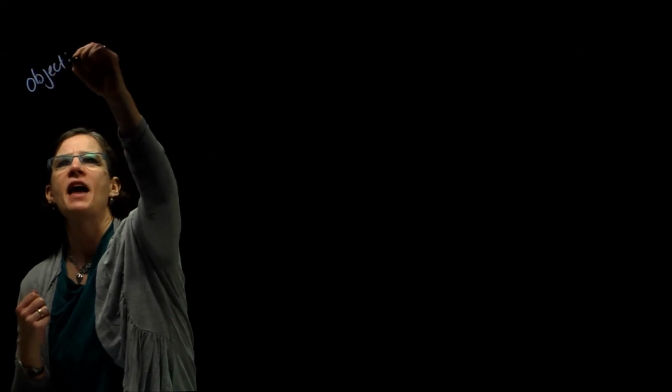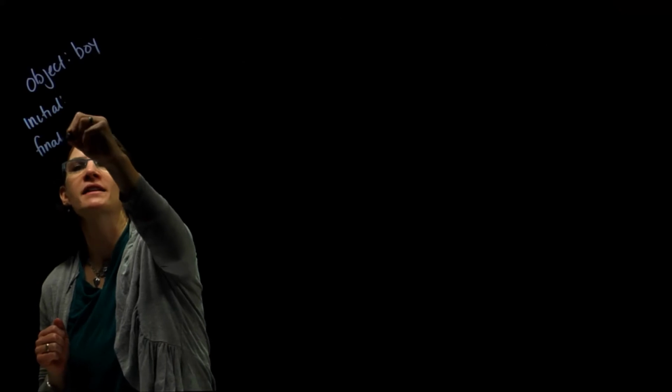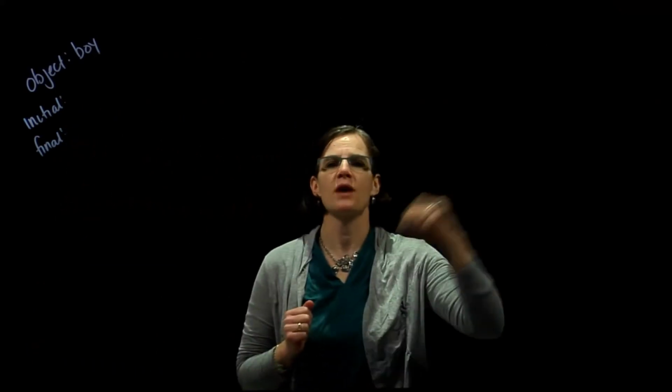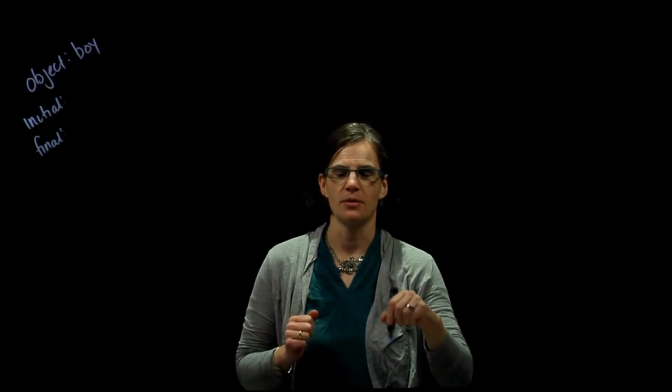Okay, so we have to identify the object, and that is the boy, because after all, it's not until after he hits the water that he becomes a young man. The initial condition and the final condition. When do we start caring about the motion? When do we stop caring about the motion?